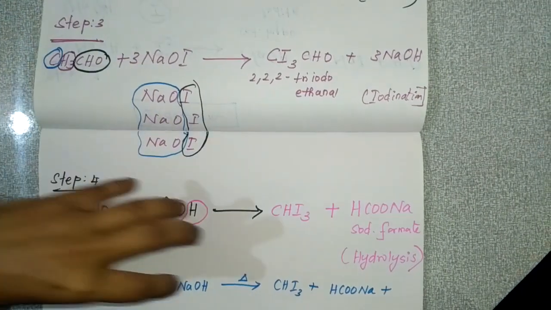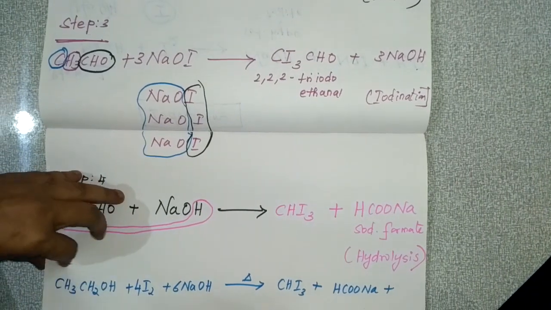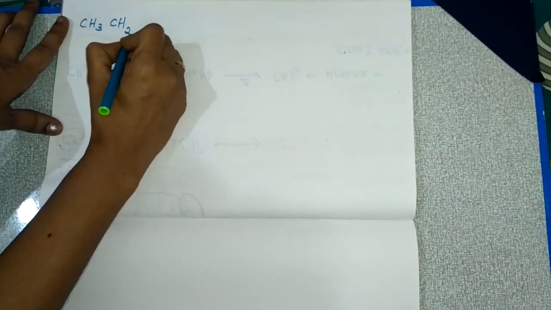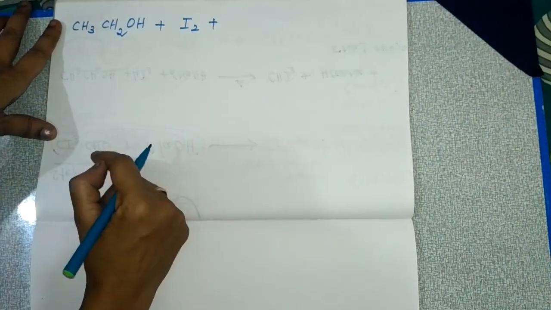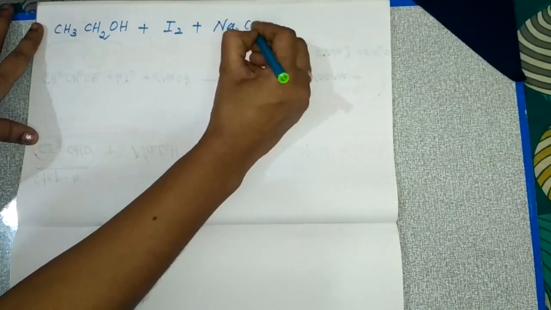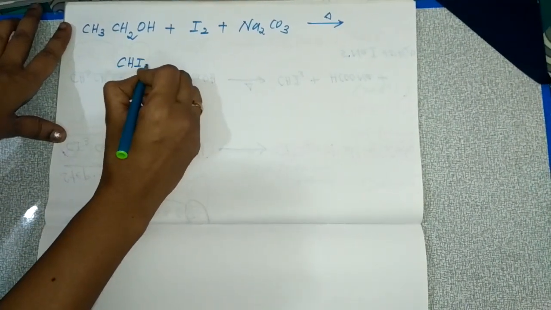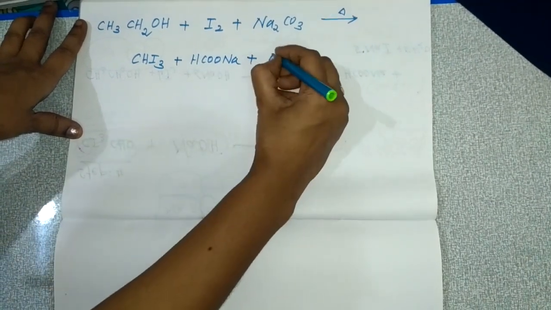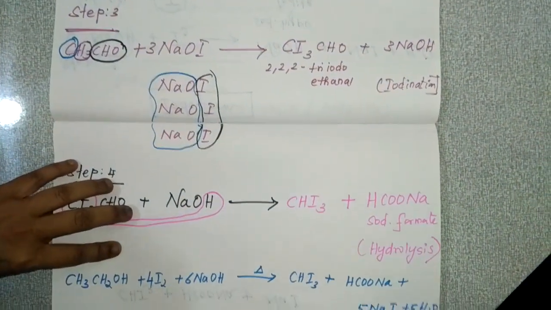See here you are using sodium hydroxide with this ethanol. If you are using sodium carbonate, what is the product formed? Again the same thing, you are taking ethanol with iodine, and instead of sodium hydroxide you are taking sodium carbonate and you are heating it. So your product will be the same, you will get iodoform with HCOONa and NaI. And in the previous reaction with sodium hydroxide, you are getting water.